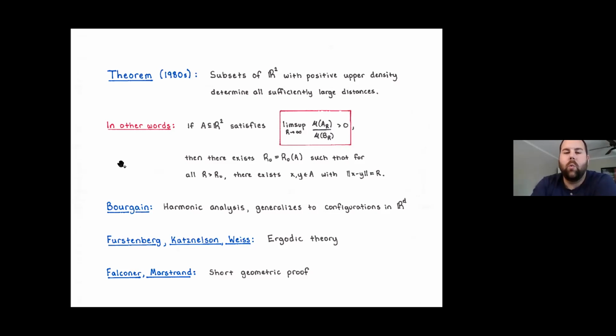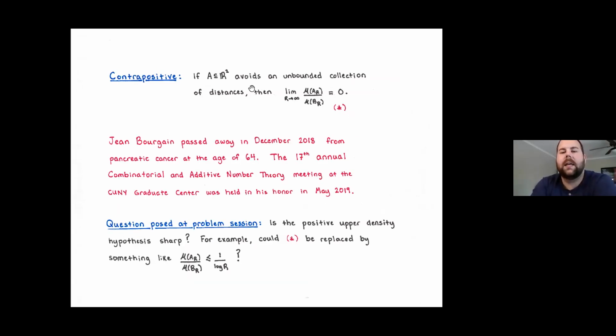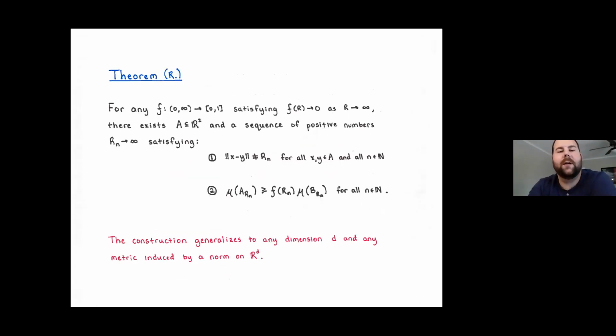Okay. Something that you could ask, and actually a question that Alex Yosevich asked me at that time, is whether that hypothesis is actually sharp, that you need a positive proportion, or could you replace this with something quantitative like 1 over log r? I'll be very quick and just say, the answer is no, you can't.